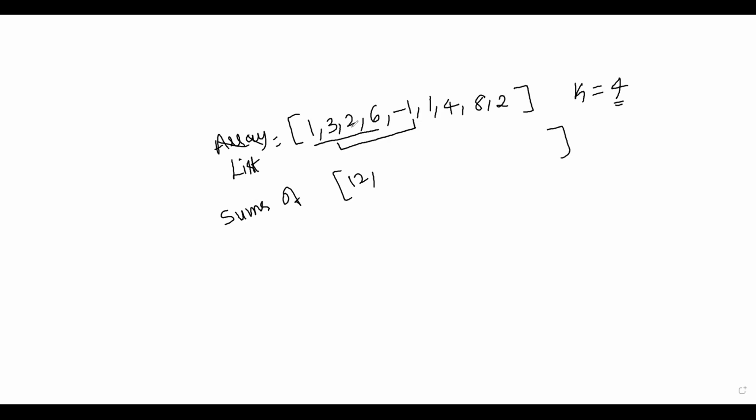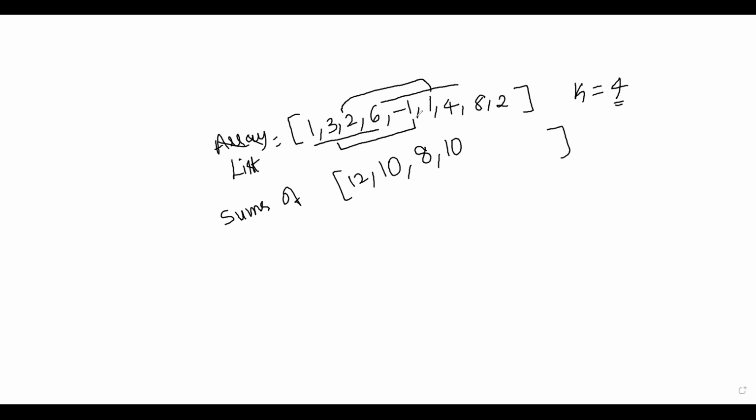Okay. And what is the sum of the next 4 elements? 12. Okay. How much? 10. Okay. And then these 4 elements? 8. And then these 4 elements? 10, 11, 10. Okay, 10.